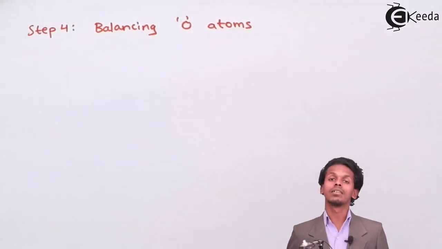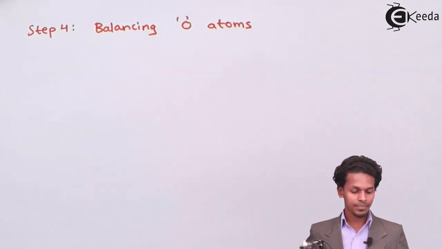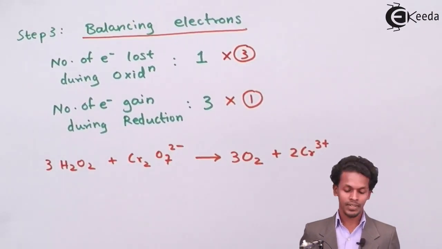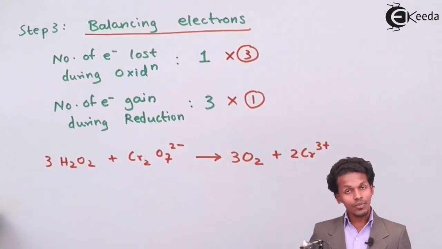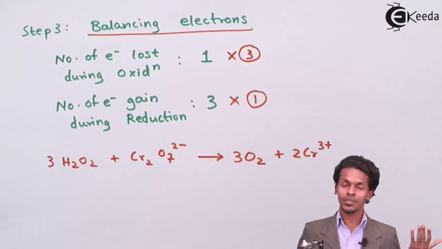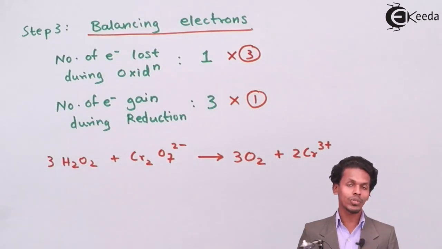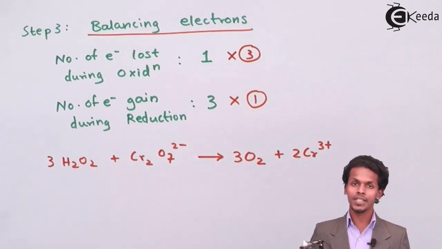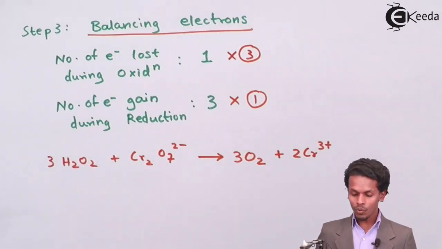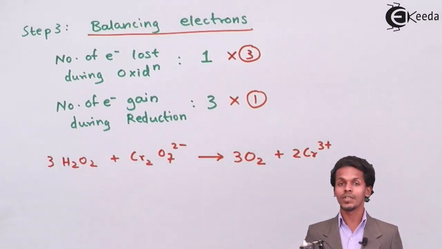Our recent balanced equation that we calculated was in step number 3. Now we determine how many atoms are present on the left hand side. For H2O2, for 1 mole the number of oxygen atoms is 2, but for 3 moles it will be 6, and for Cr2O7, 7 oxygen atoms are present.